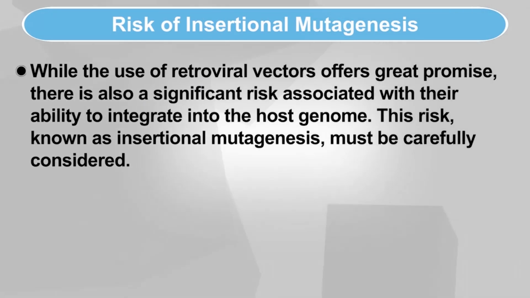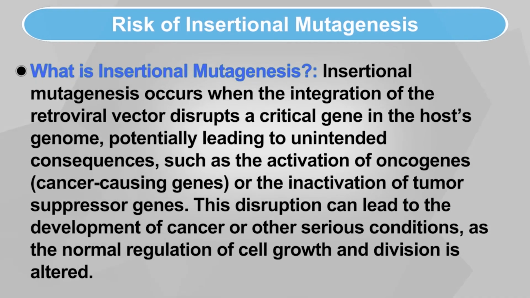While the use of retroviral vectors offers great promise, there is also a significant risk associated with their ability to integrate into the host genome. This risk, also known as insertional mutagenesis, must be carefully considered. Insertional mutagenesis occurs when the integration of the retroviral vector interrupts the normal functioning of the host cell.